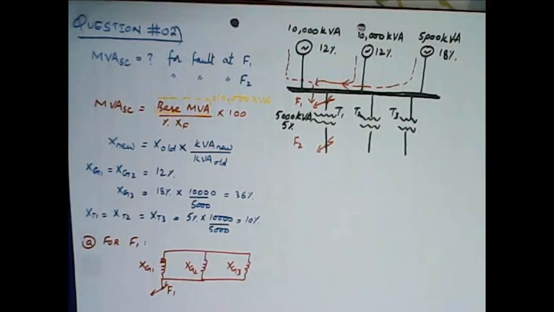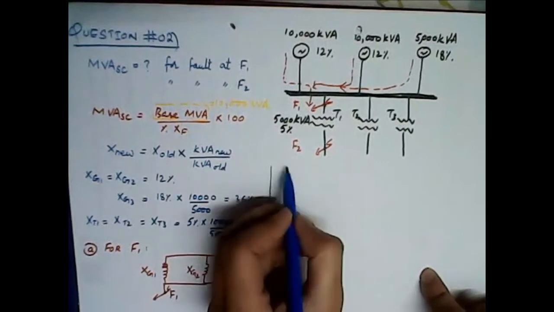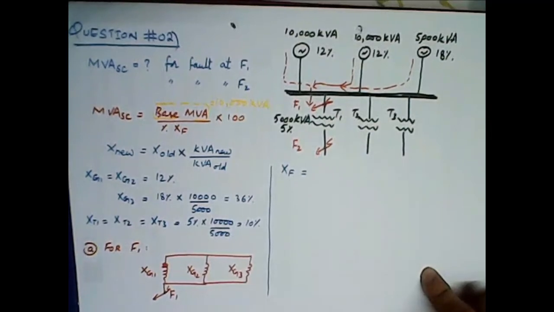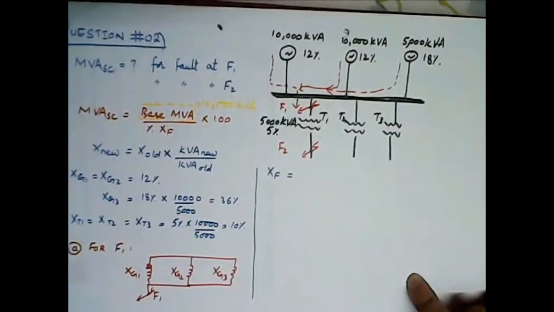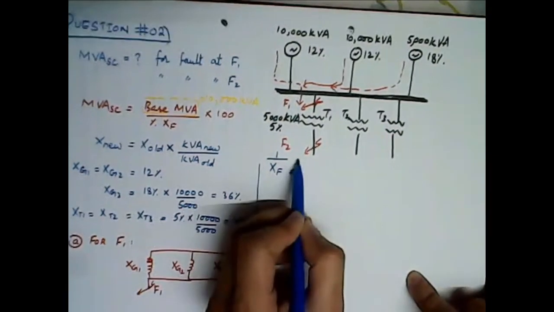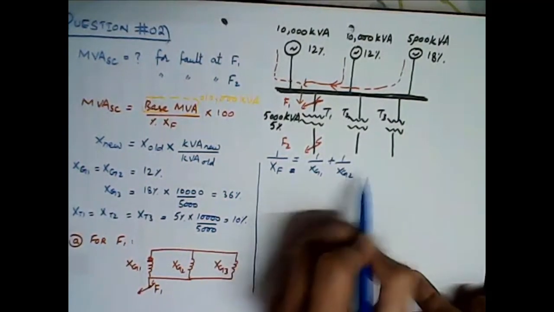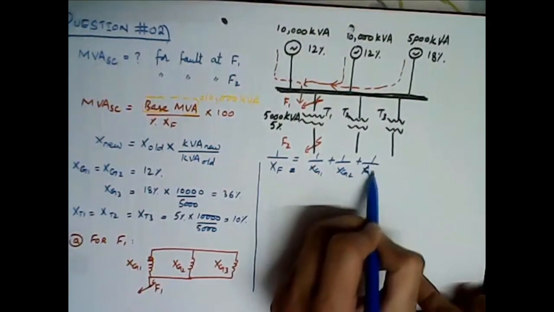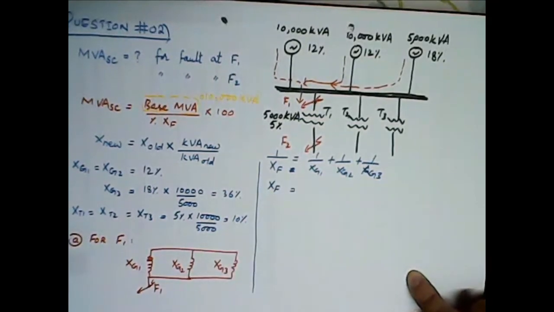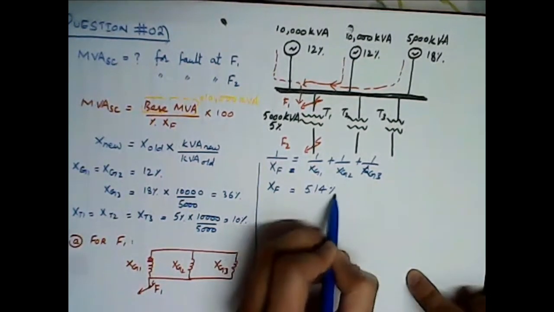So this means what? That 1 upon XF, the equivalent of XF, equals 1 over Xg1 plus 1 over Xg2 plus 1 over Xg3. When we simplify it, XF will be equal to 5.14%.